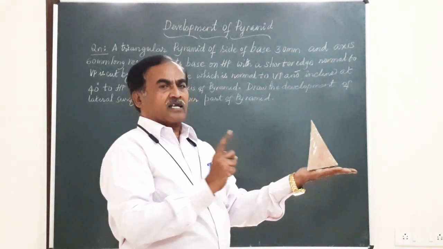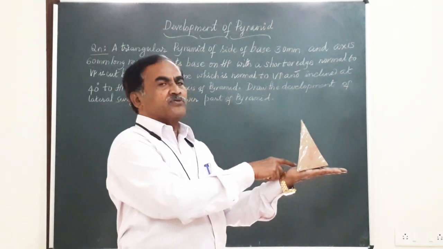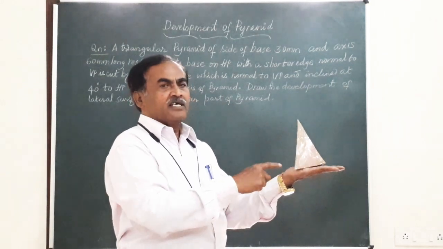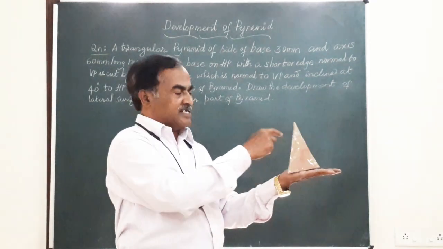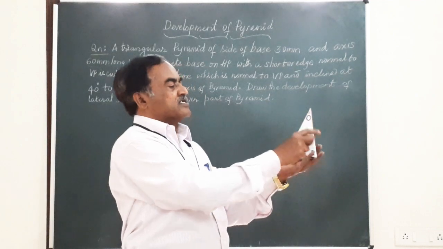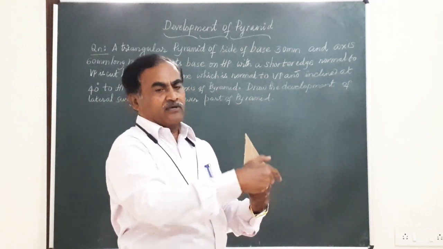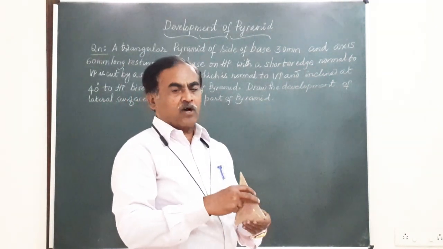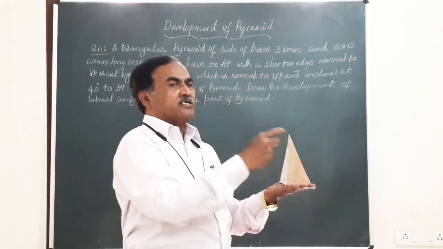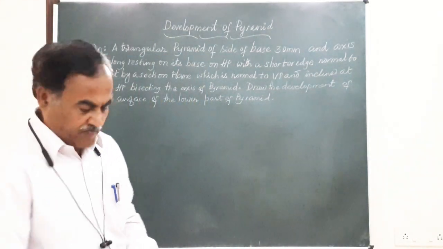So in this triangular pyramid, you will be able to see all the three base edges, AB, BC and CA, and all the slant edges OA, OB and OC. Let me start the problem by placing the object to the given condition.